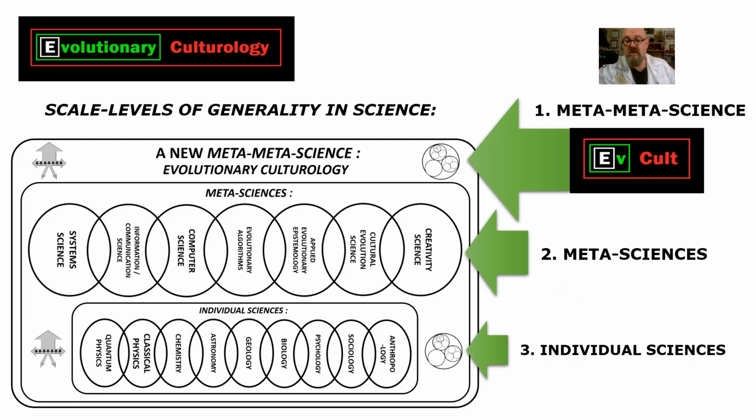So once again, there's our 3 scale levels of generality in science. EvCult is a meta science that applies to everything, including the arts and humanities, because now we have the units, fractal Holon partons. All domains fall under the purview of meta-meta science now.